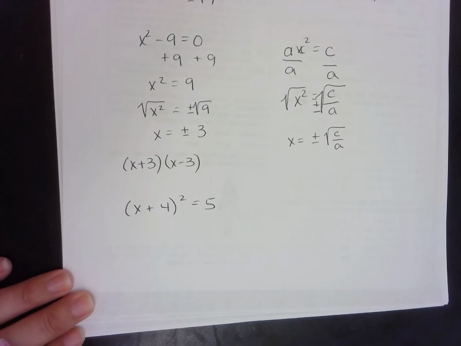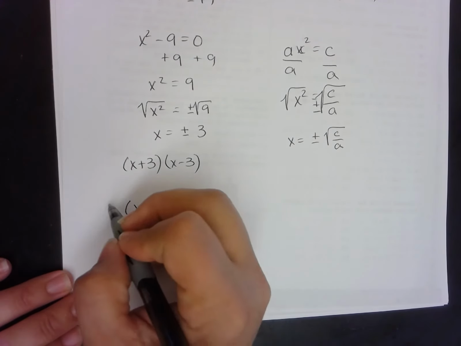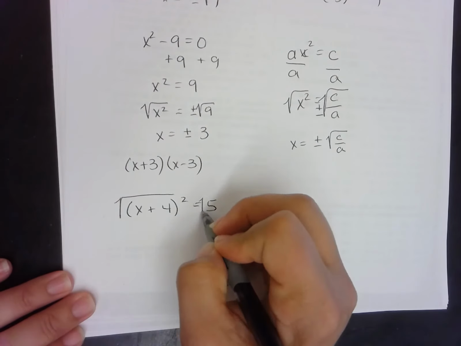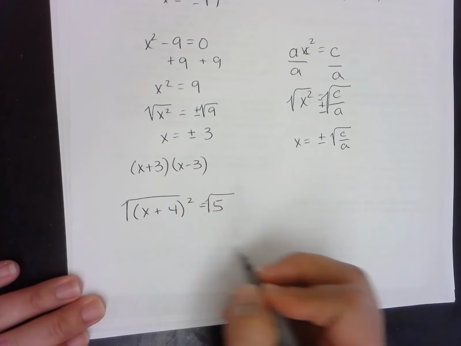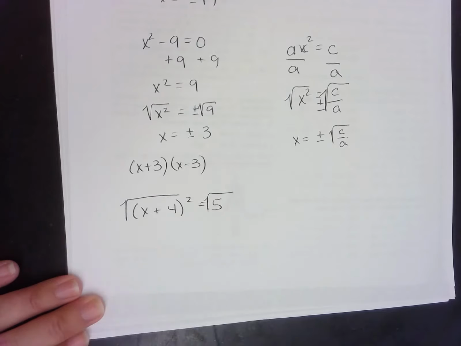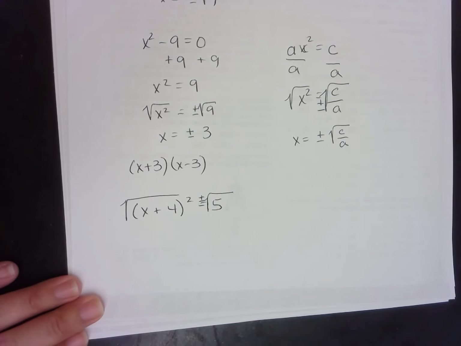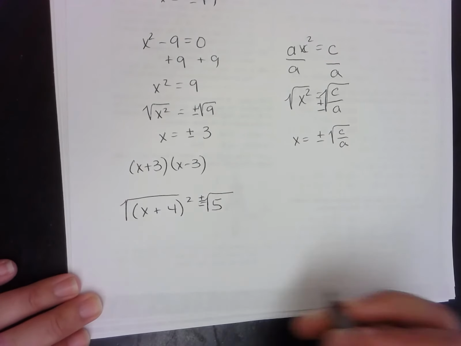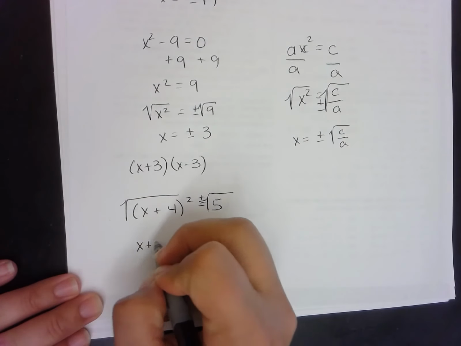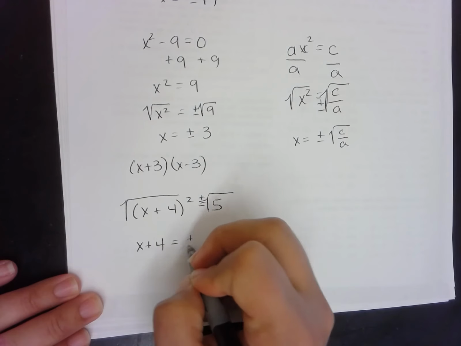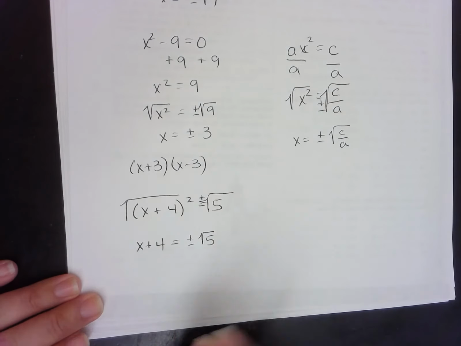So again, I just take the square root of both sides, and I put the plus minus here. Then I can take the square root of x plus 4 quantity squared, which leaves me with x plus 4, and on this side I have plus and minus radical 5.